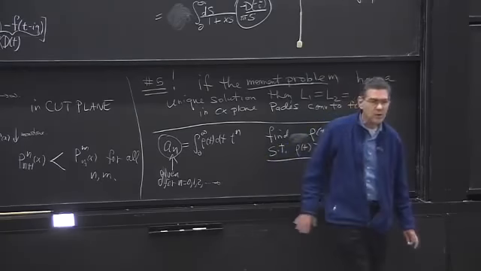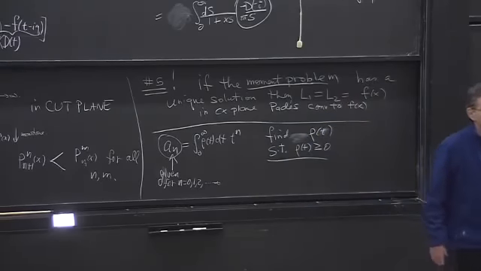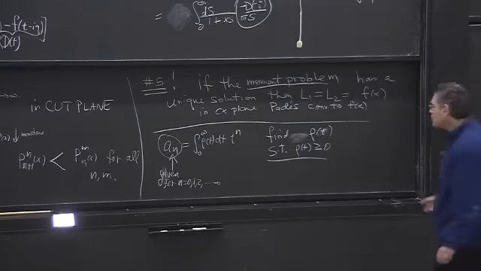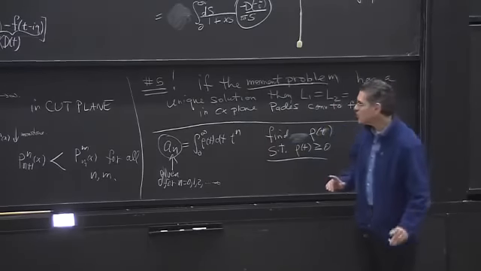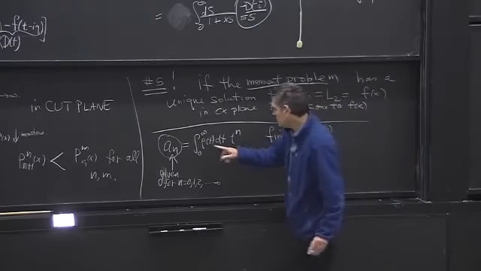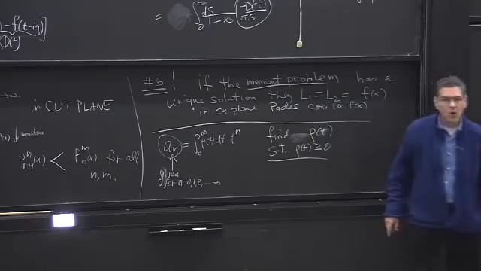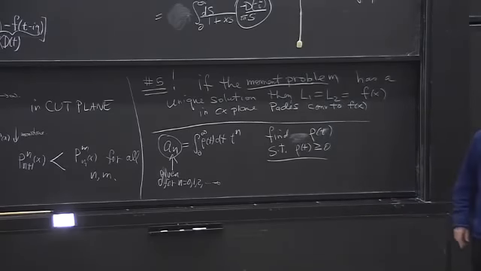This is a really, really hard problem. So if we can show that the moment problem here has a unique solution rho, then everything works. Then the Padés converge, and they converge to the right answer.